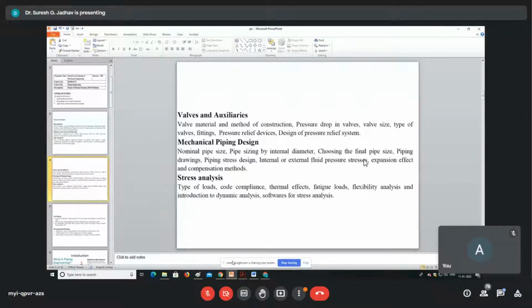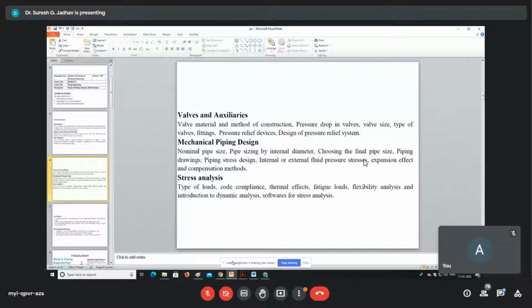Now the fourth topic, valves and auxiliaries. Here we see different valve materials and methods of construction, pressure drop in valves, valve size and types of valves, fittings, pressure relief devices, and design of pressure relief systems. The next topic is mechanical piping design. In this topic, we see the nominal pipe size, that is NPS.